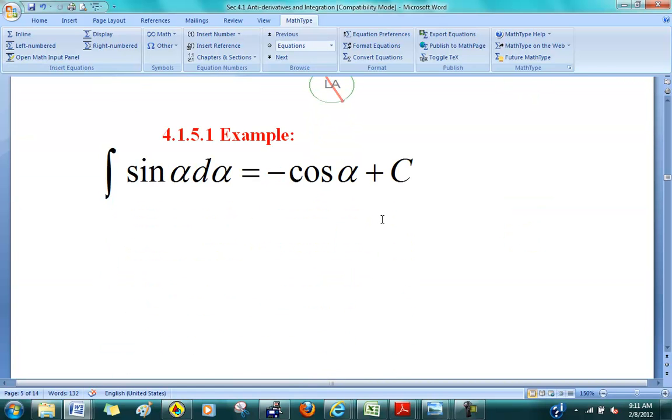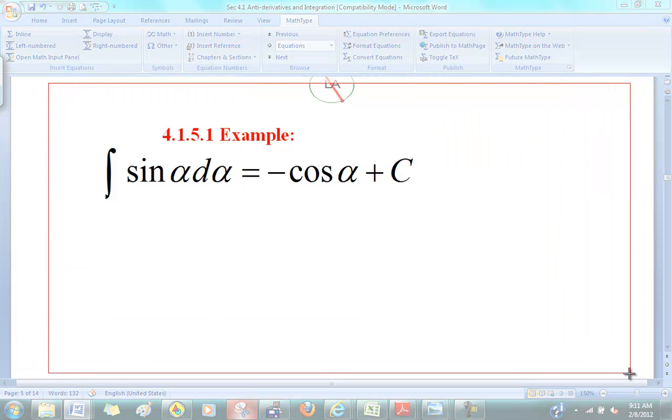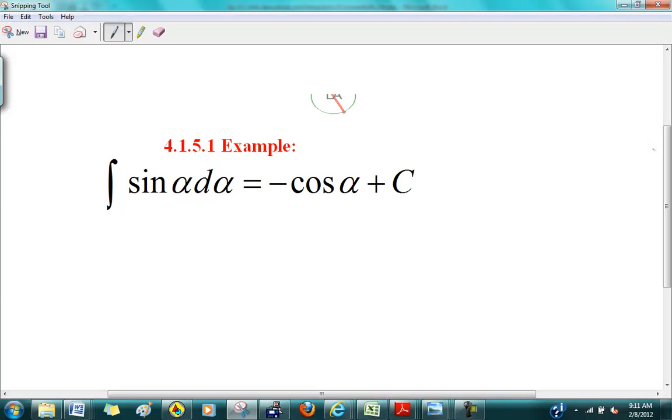All right. So here's an example. Notice that this guy shows up now. Do you know why we need that? Because if you differentiate this side, what's the derivative of negative cosine alpha? Sine alpha. What's the derivative of C? 0. The derivative of a constant is 0.